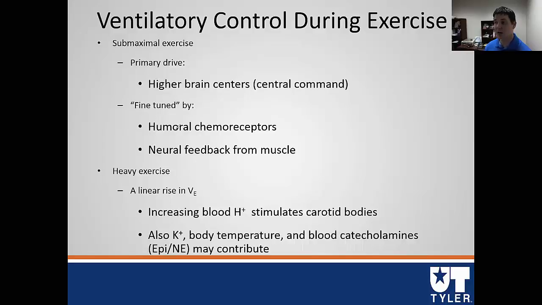These include our humoral chemoreceptors, as well as some neurofeedback from contracting skeletal muscle that will send signals in order to make sure that we perfectly match our ventilatory needs to our ventilatory supply.